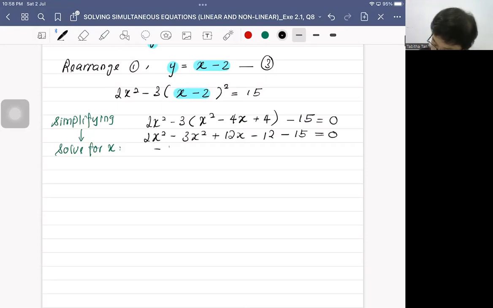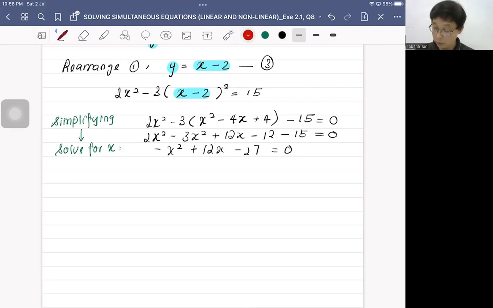Okay, let's put that into a form that leaves only 1 x squared, and then we have plus 12x, then minus 27.